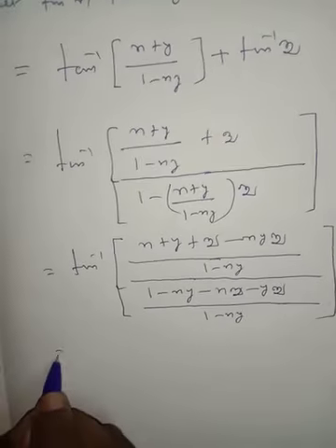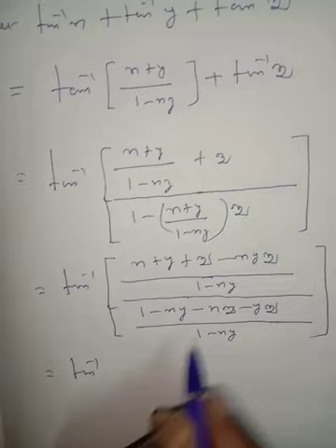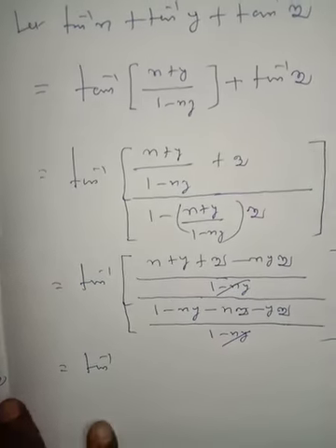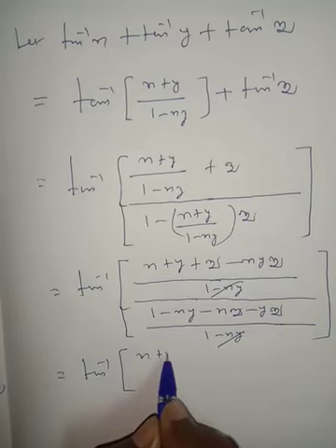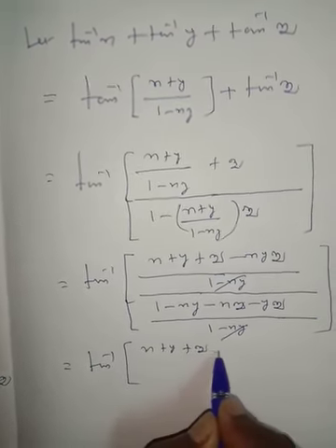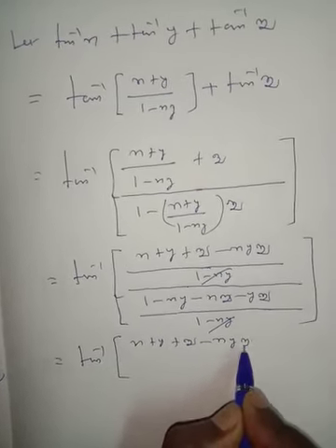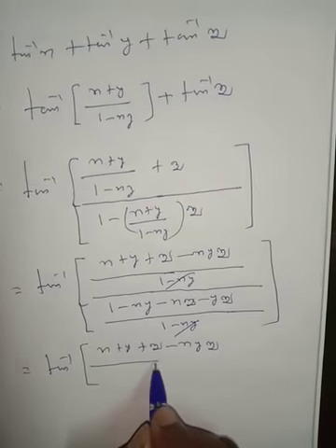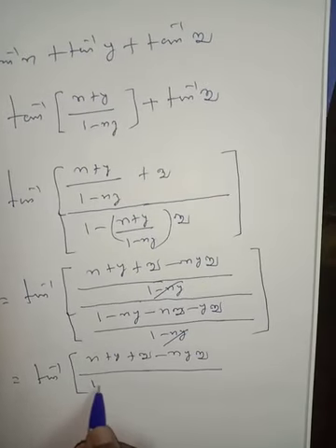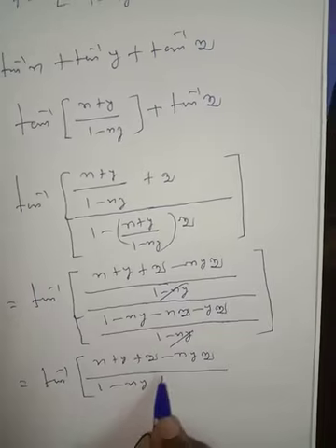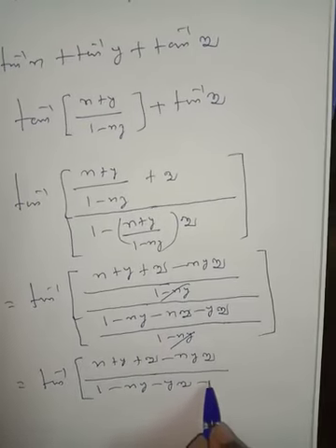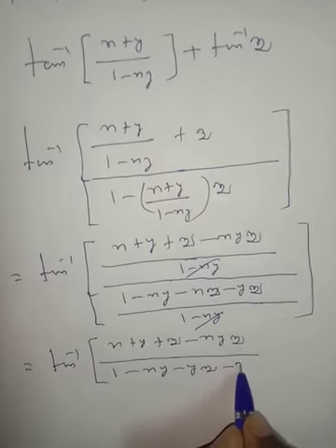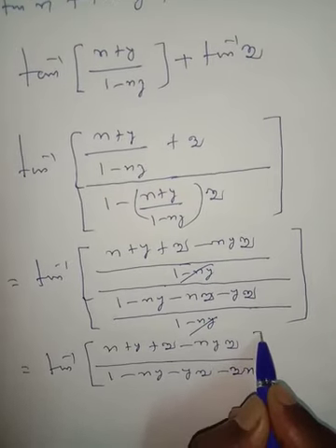Now tan inverse of, denominator cancel, we get x plus y plus z minus xyz whole divided by 1 minus xy minus yz then minus zx or xz.